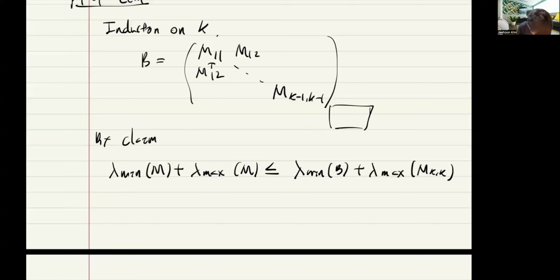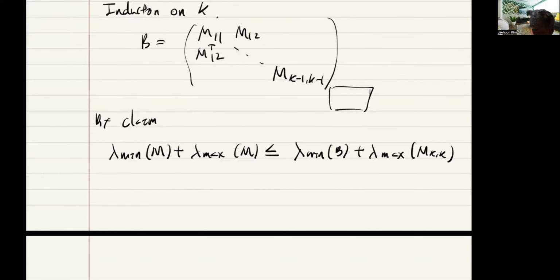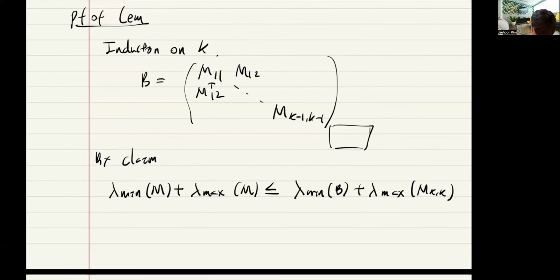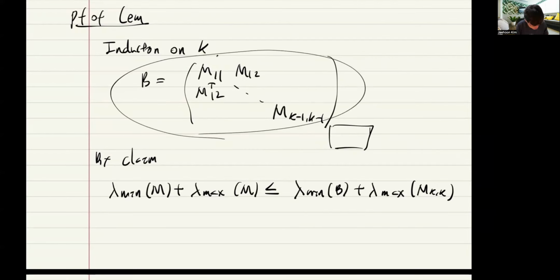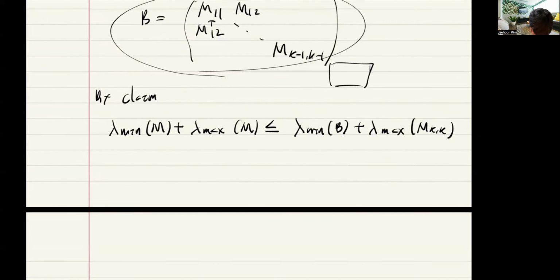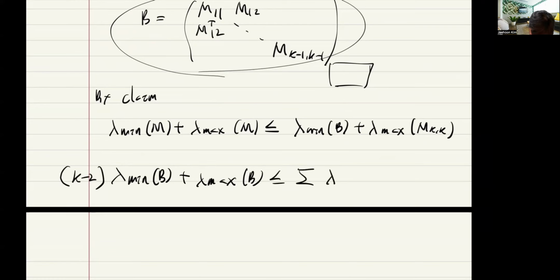And by the induction hypothesis, what do you know? By induction, you have that lambda min of B plus lambda max of B, and you multiply K minus 2 on here, is at most the summation of lambda max of MII from I equals 1 to K minus 1.